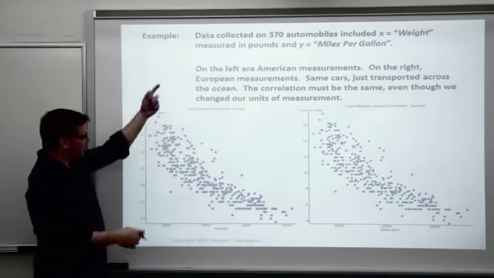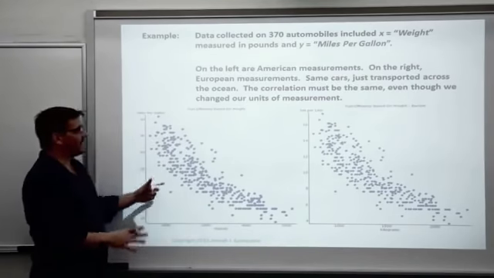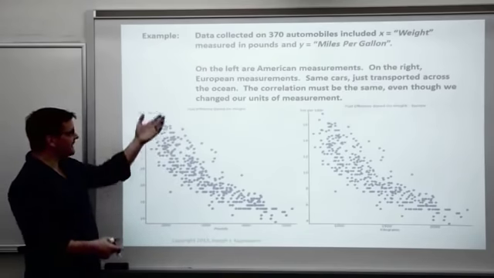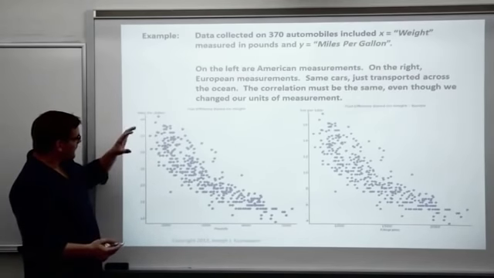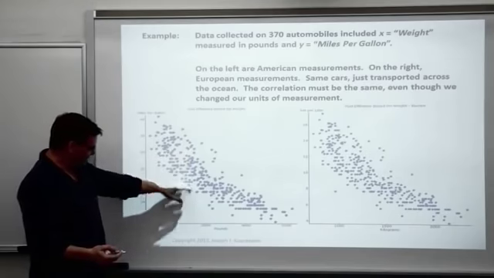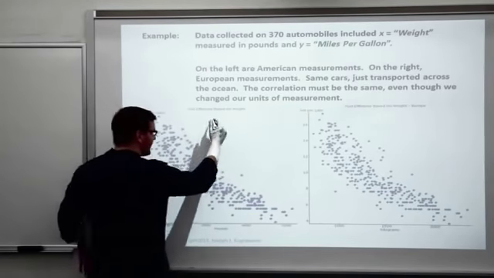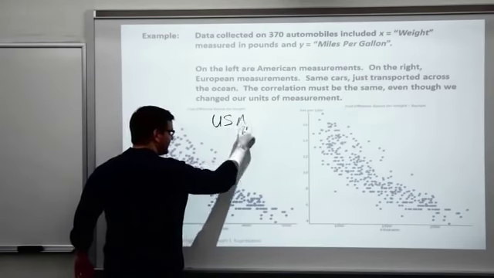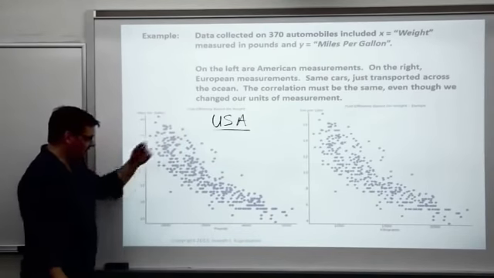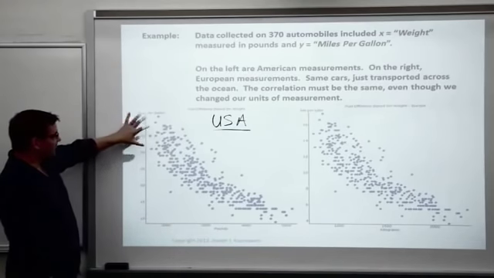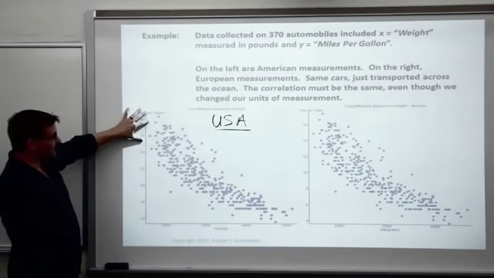And based on the weight, we'll put that on X, we'd like to predict the fuel efficiency, and we'll measure that in miles per gallon. So over here on the left, I've got pounds versus miles per gallon. This is USA, this is how we measure things over here in America. We'll use pounds for the weight and miles per gallon for the fuel efficiency.